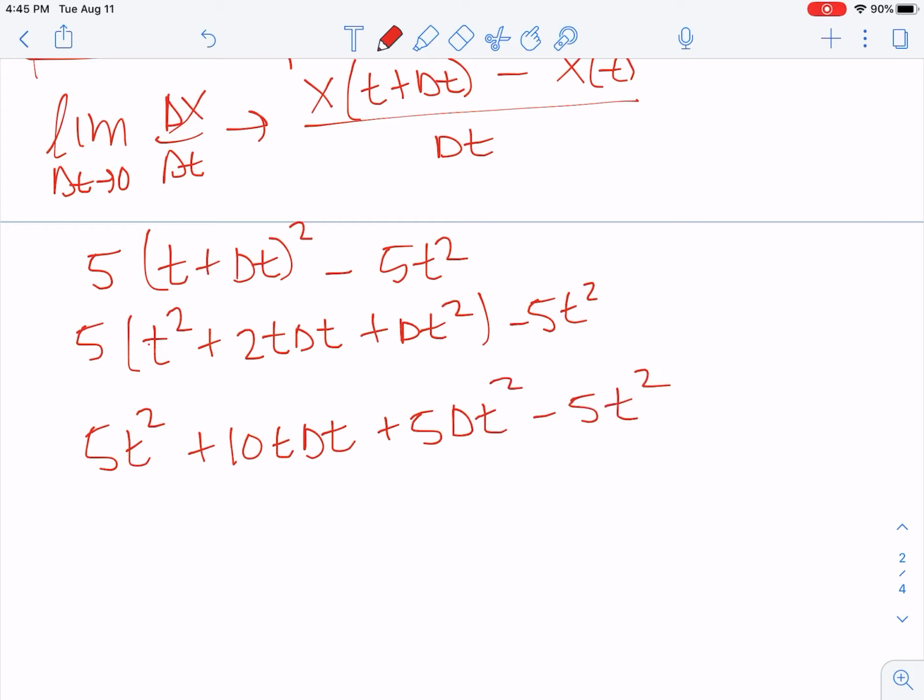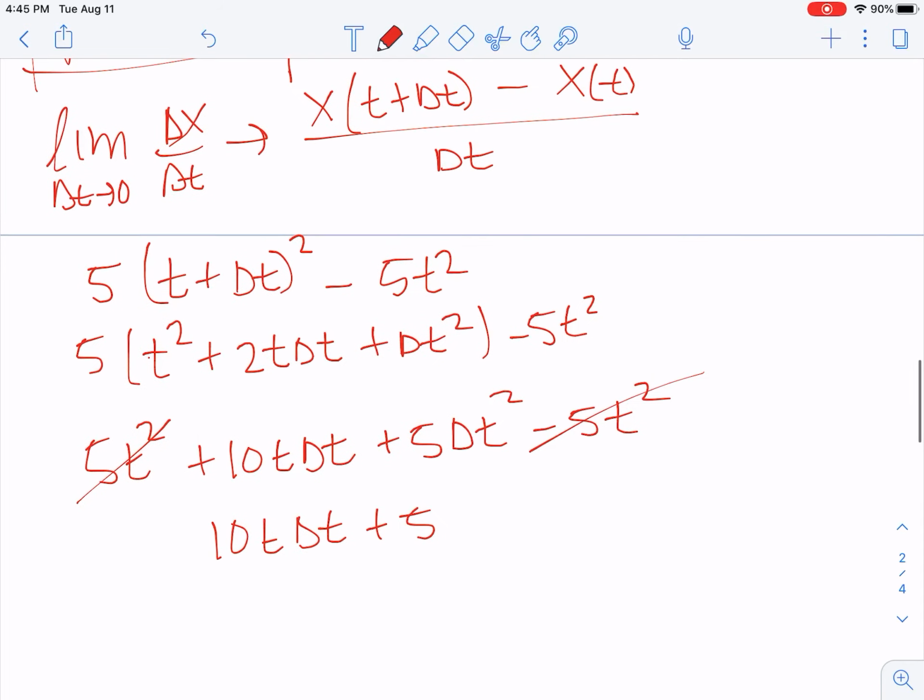Well, the great news is you're going to notice the 5t squareds cancel each other. So now we're just left with 10t delta t plus 5 delta t squared. Remember, it is still over delta t, and that as that term goes to 0.